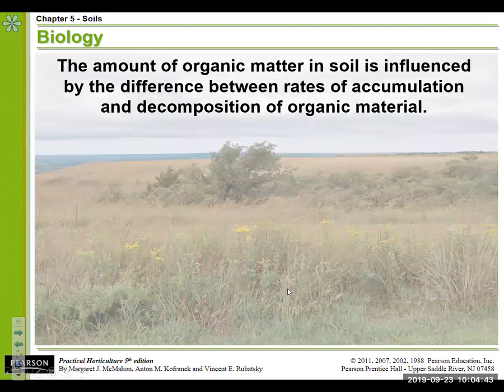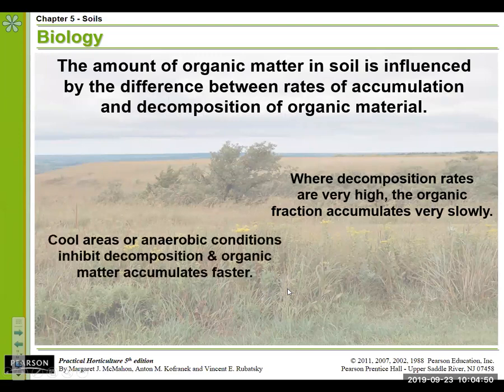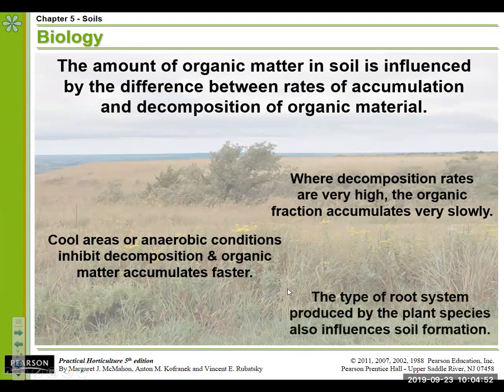We're talking about organic matter, the OM, the ohm of the soil. It is influenced by the difference of the rates of accumulation and decomposition of the organic material in the soil. Where we have really high decomposition rates, the organic fraction accumulates very slowly. So we're talking about tropical climates, rainforests, where the soil is not very productive.